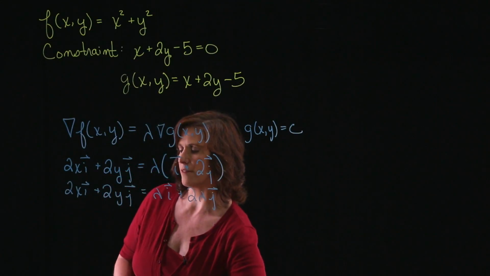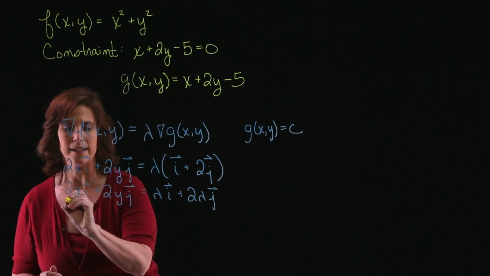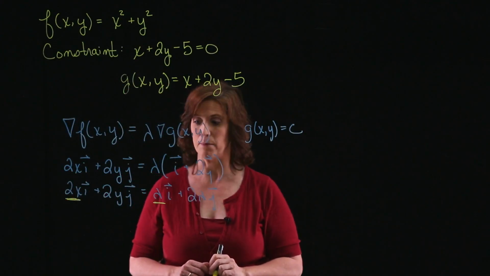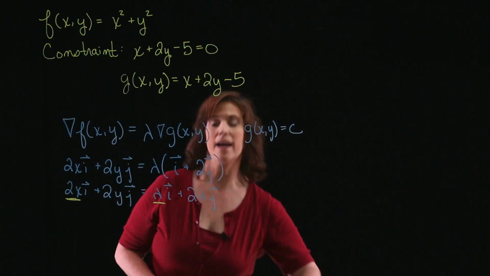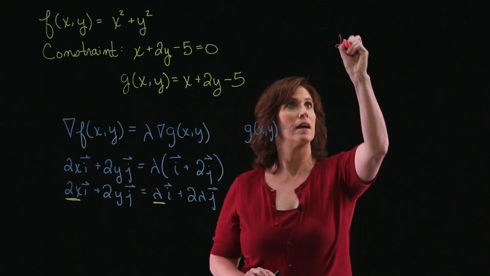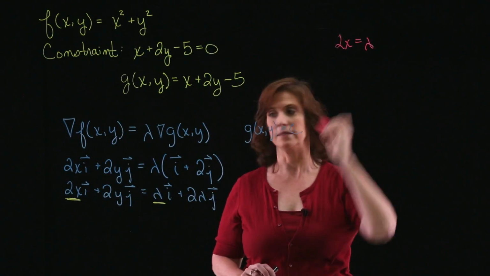Now I notice that if my components are the same, that's telling me that 2x and lambda have to be the same thing. So I know that 2x has to equal lambda.